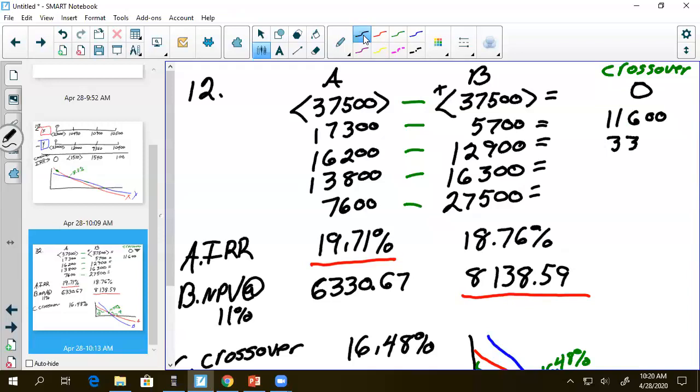Okay. And then the 13.8 minus 16.3. 2,500. 25, but that is negative, right? And then the last one, what do you get?